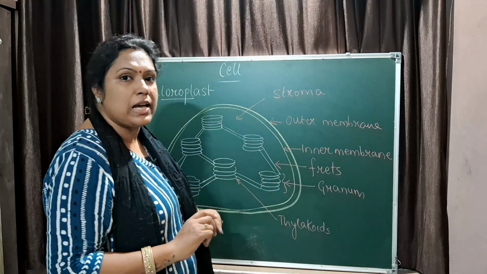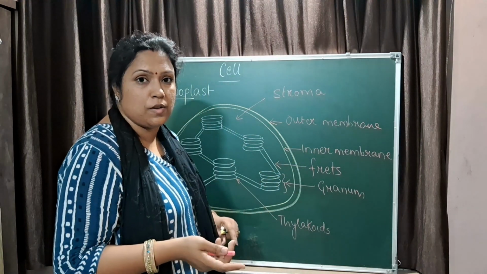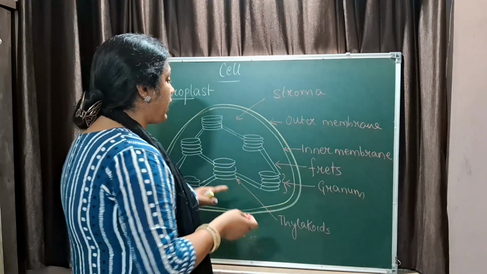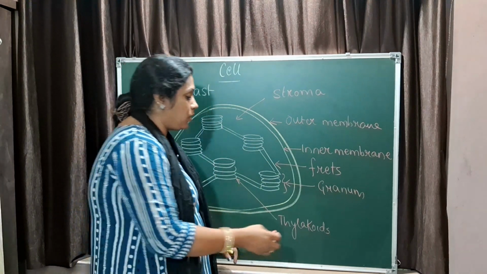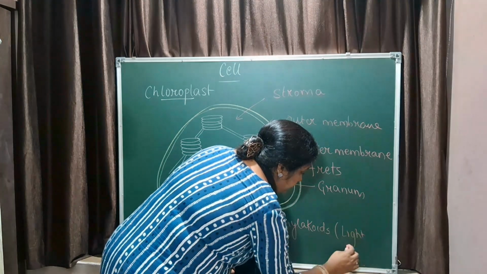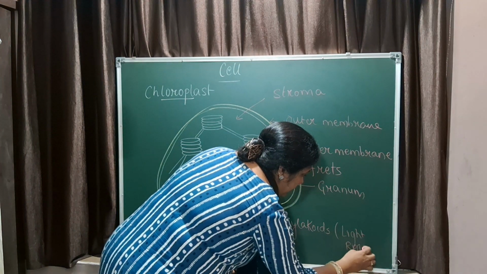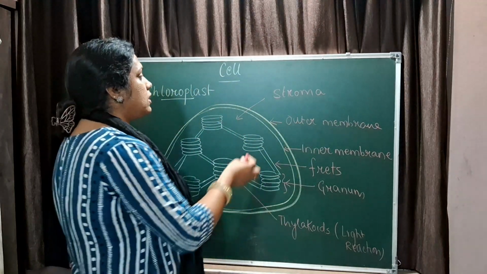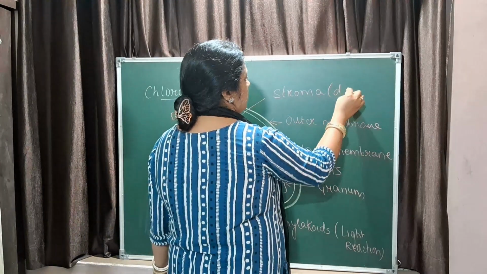Now chloroplast is the site of photosynthesis. So where is chlorophyll present? Chlorophyll is present in the walls of the thylakoid. So the light reaction happens in the thylakoid, and the dark reaction, that is fixation of carbon dioxide into glucose, happens in the stroma.